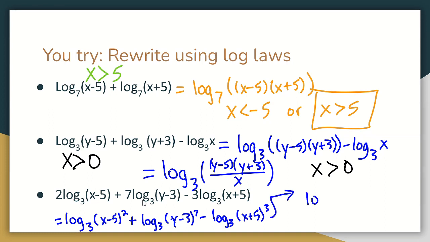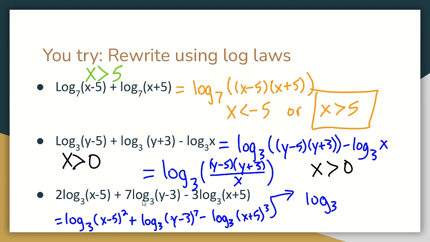And we can rewrite that as log base 3. And I'm going to do this all in one step. So the argument, because we're adding those two logarithms together, those become the numerator in the fraction, and this becomes the denominator.